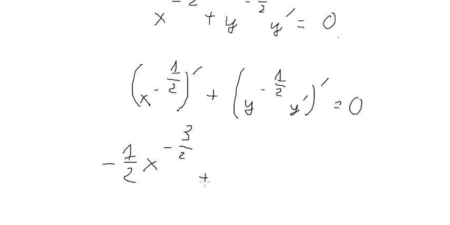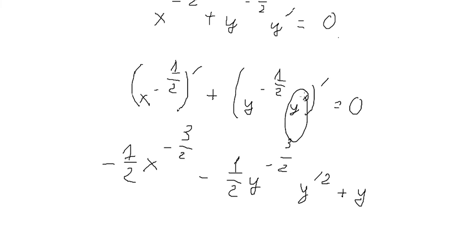So we do the first derivative of this one, and we get negative 1 over 2 y to the power of negative 3 over 2. And later we have the first derivative of y multiplied with the first derivative of y, so you get power 2. And this one we do the first derivative of y, so you have the second derivative.